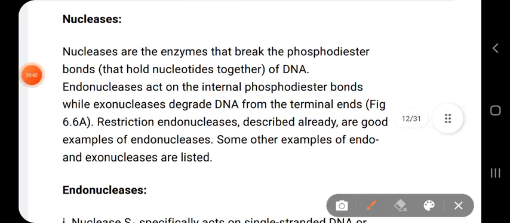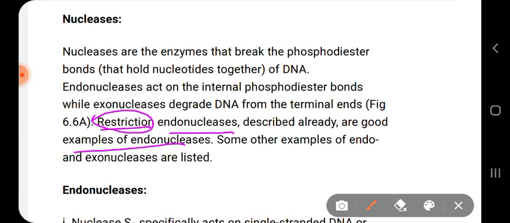And restriction endonuclease, as the name suggests, why have they been named restriction? Because of the discovery that restriction endonuclease identifies a certain sequence, and by identifying that sequence it causes a cut around that site of that sequence. They are a good example of endonuclease.